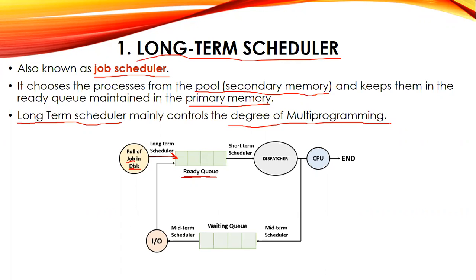While the CPU is working on something, on the other hand, another process can do input-output operations. In this case, we will use the CPU efficiently. So this is controlling the degree of multiprogramming, and the long-term scheduler is responsible for that.